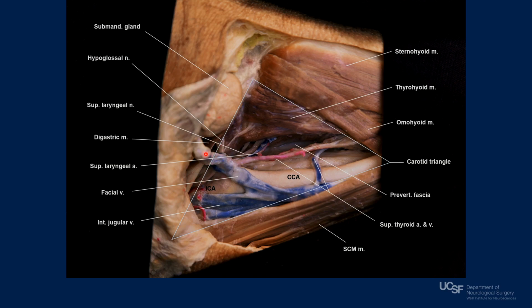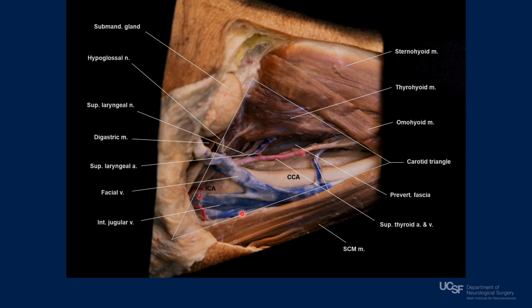Medial and posterior to that, we see the hypoglossal nerve, which is going to give off a branch for the thyrohyoid and geniohyoid muscles. And in a deeper field, we can identify the superior laryngeal nerve, which is a branch of the vagus nerve.